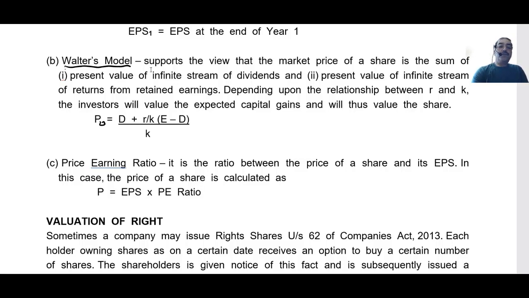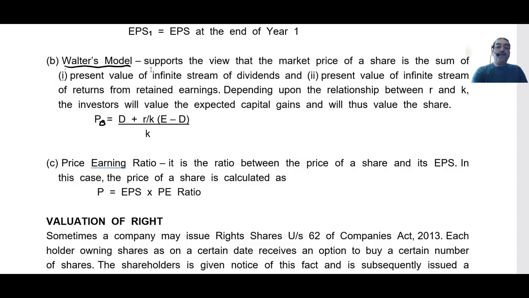P0 is equal to D, dividend paid, plus R upon K into E minus D, divided by K. R is the rate of return on the investment, K is the cost of equity, E means earnings, and D again is dividend. Walter's model actually comes from the dividend policy. As of now, there is no need to go into the depth of this. Just learn the formula: D plus R by K into E minus D, the whole divided by K.